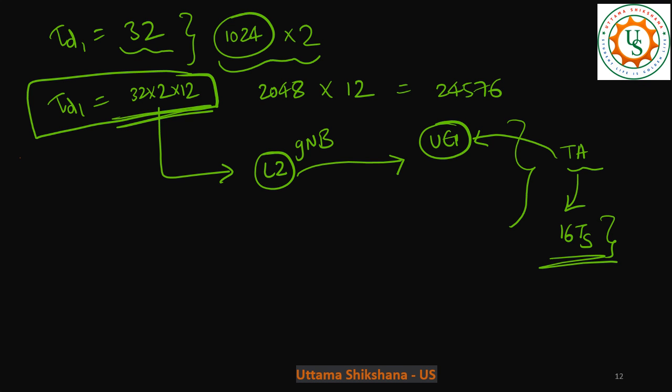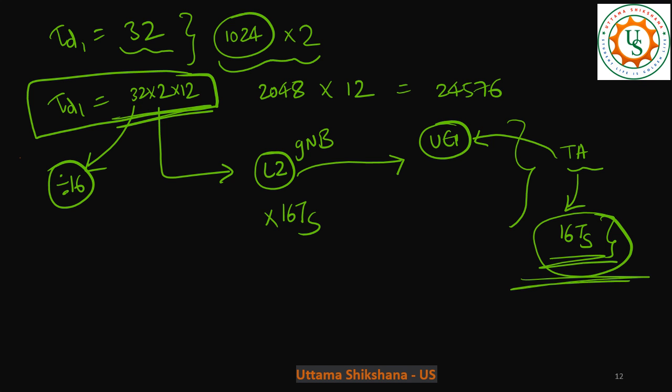Since the gNodeB L2 applies the received timing delay with 16 Ts multiplication, here this value at L1 you have to divide by 16. This is only the much information I have on why it is 16 Ts, but you can try to figure out the more specific reason.